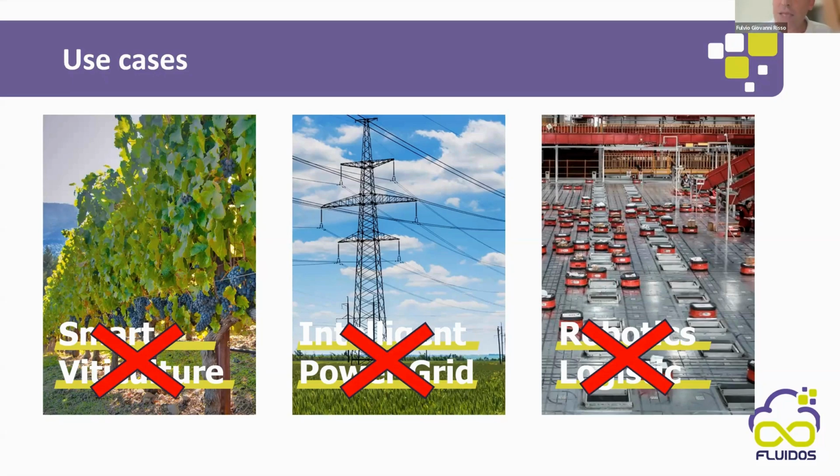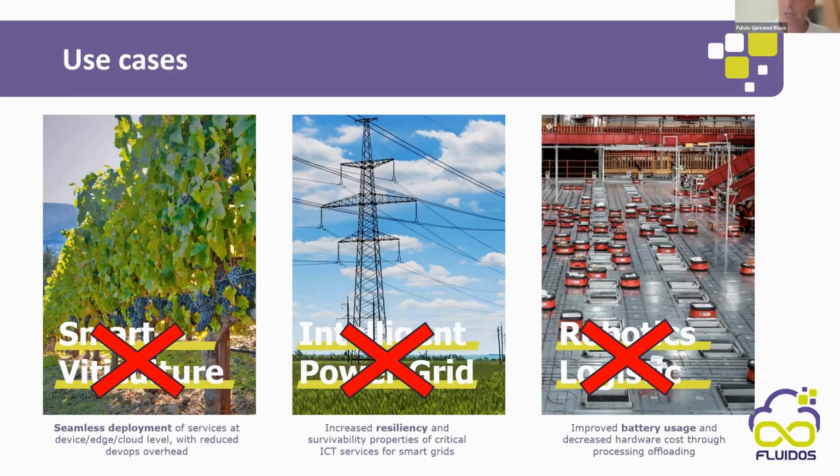So what do we want to demonstrate with the smart viticulture? And here it is. So our use case, which we call smart viticulture, is actually seamless deployment of services, because our use case partner would like to save money on the deployment and the orchestration of the services.